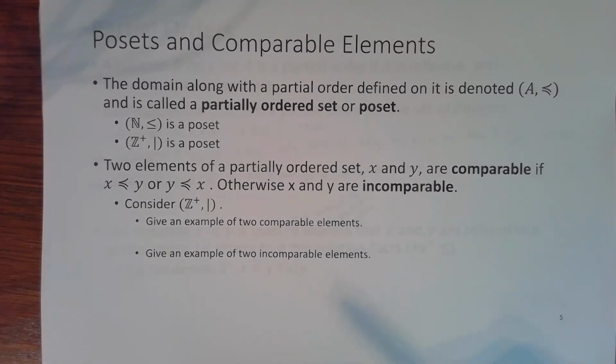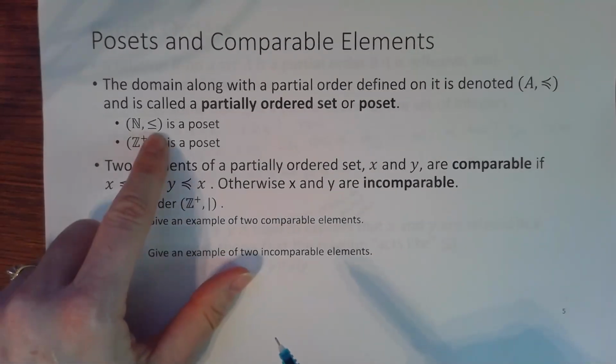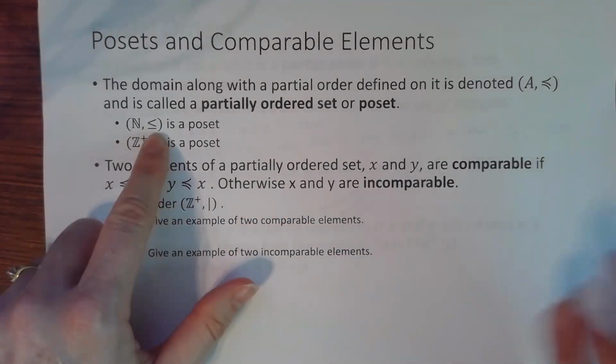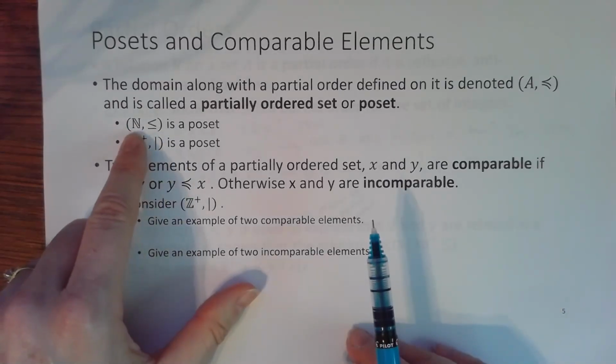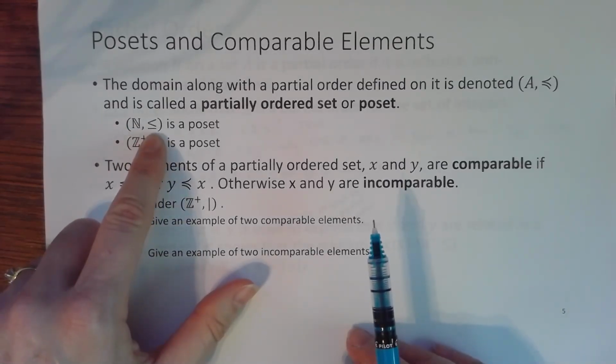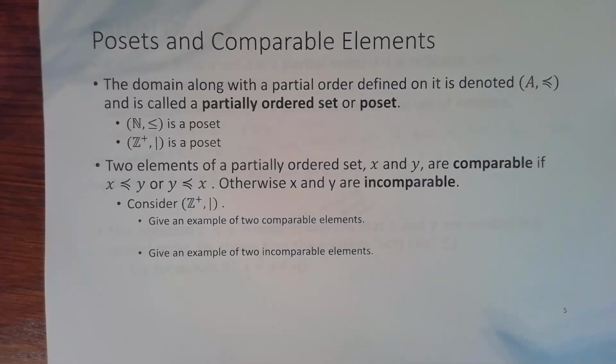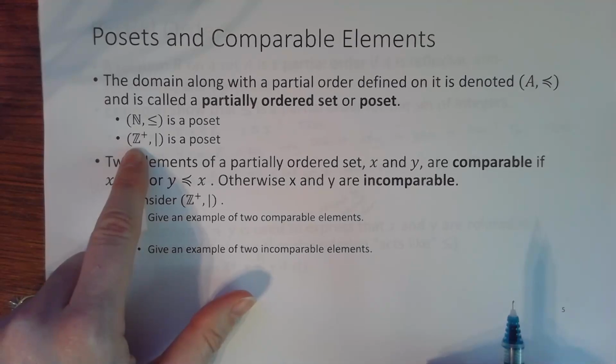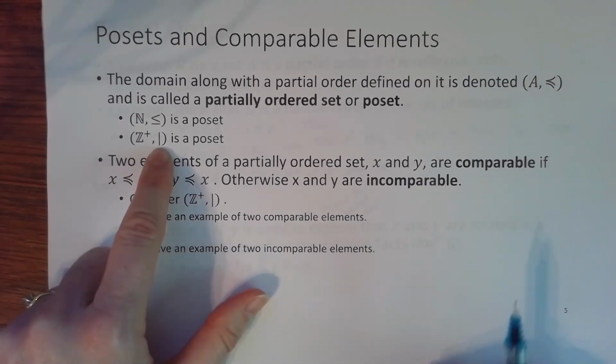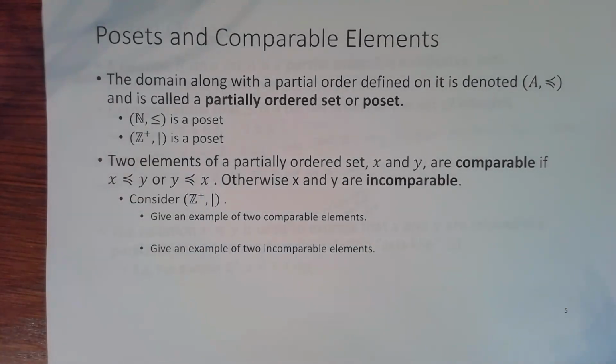So for example, the set of natural numbers with less than or equal to is a partially ordered set, because when we take the natural numbers and use the operation less than or equal to, we get a reflexive, antisymmetric, transitive relation. If we take the set of positive integers with the divides relation, that's also a partially ordered set.